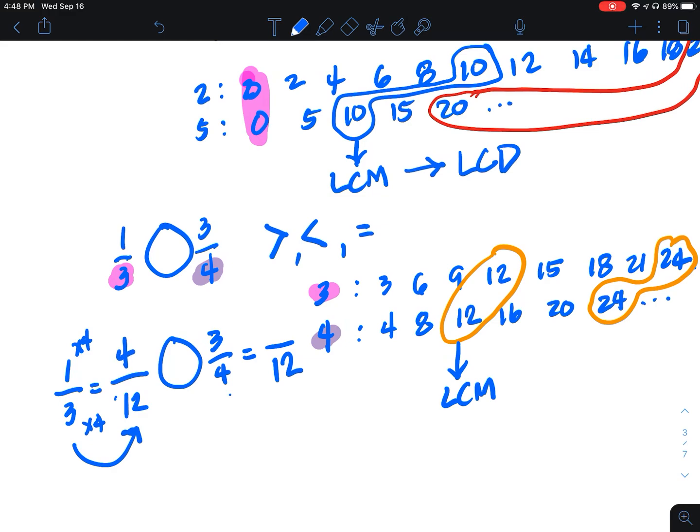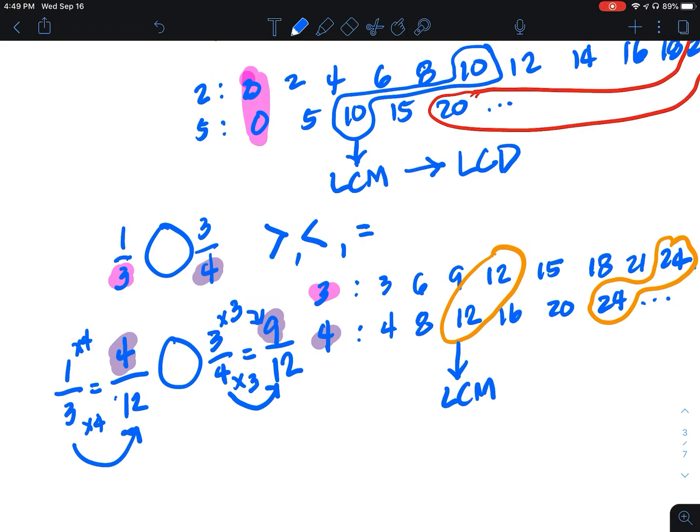What did I multiply 4 by to get to 12? I multiplied 4 by 3, and therefore I need to also multiply 3 by 3. Whatever you multiply with the denominator, you need to multiply the numerator as well. 3 times 3 is 9. And all I do now is compare the numerators.